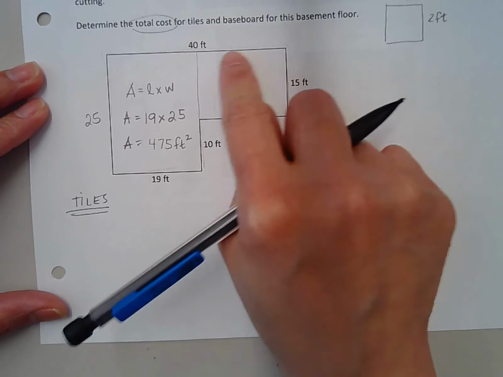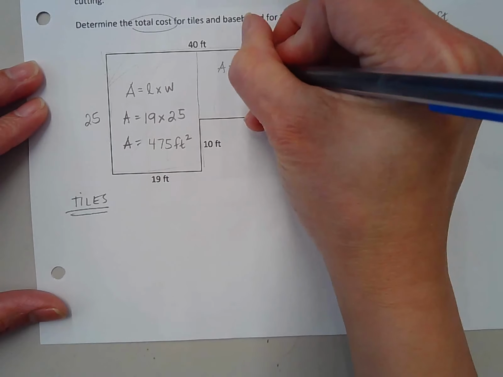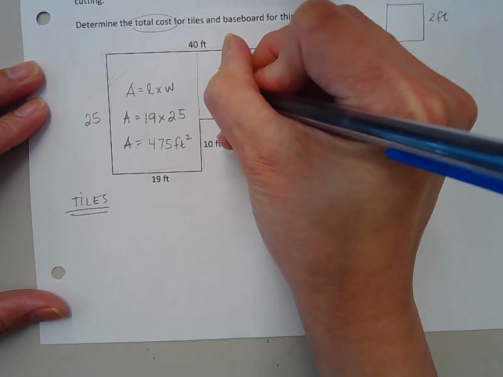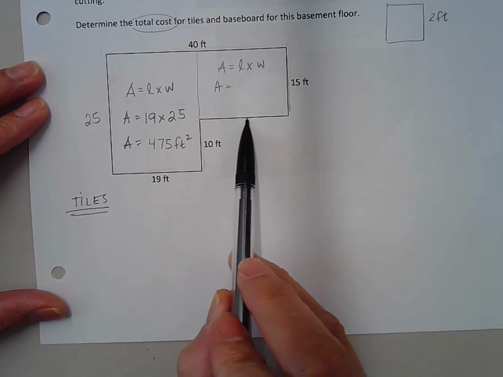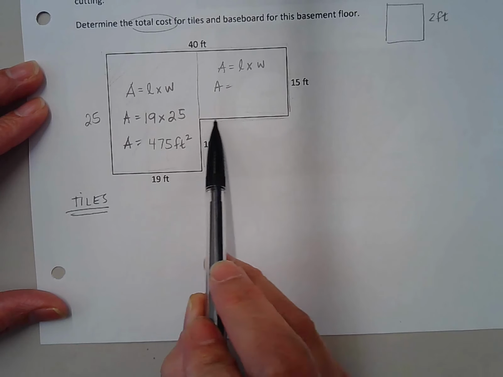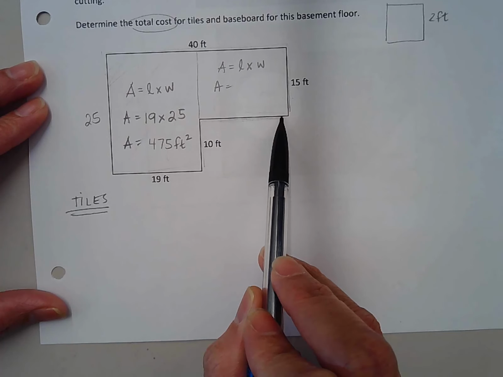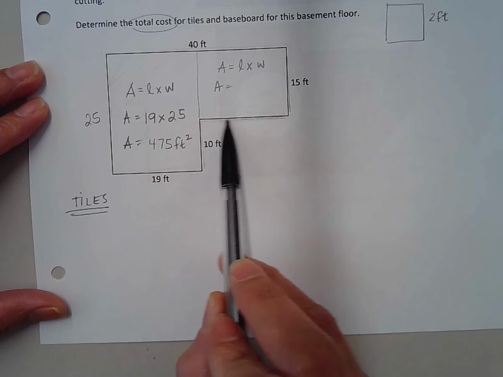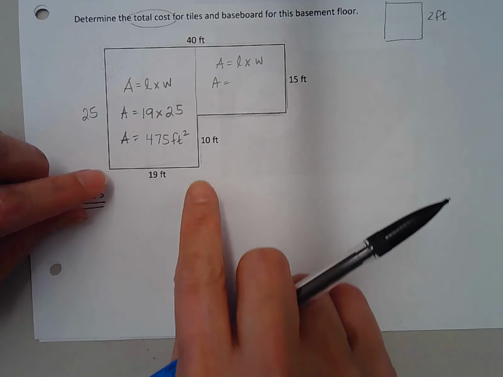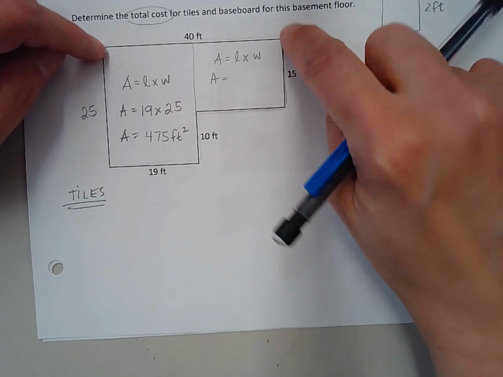Now what about this part here, this area? What's the length times width? What's this length? No, that is 11. Okay, that's a good question, right? Because we don't know what the width of this one is, right? 19 plus something will give us 40. 21.